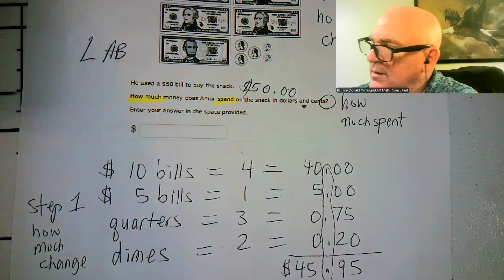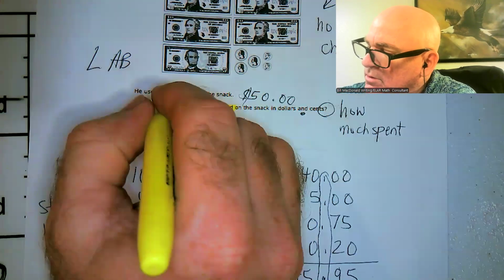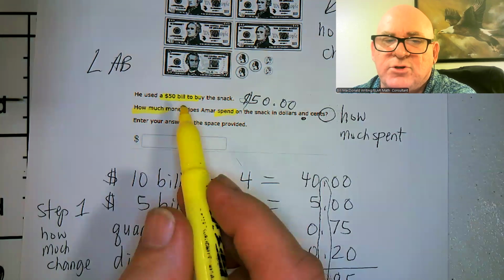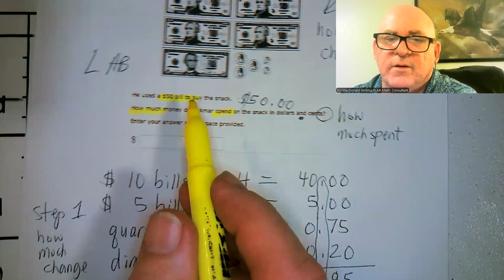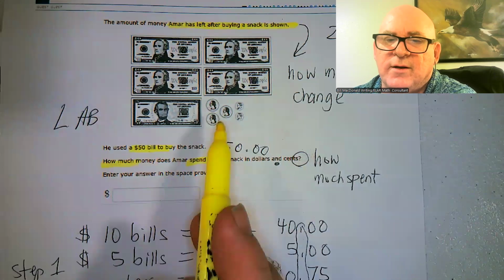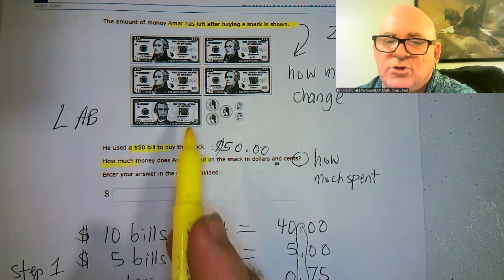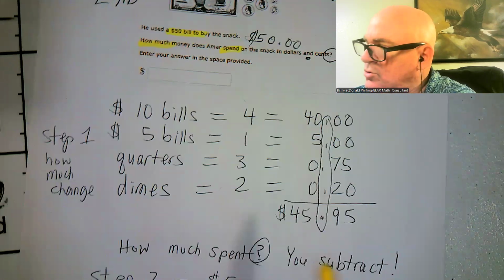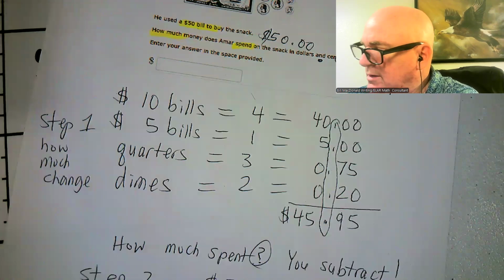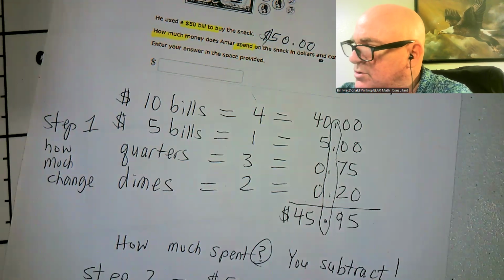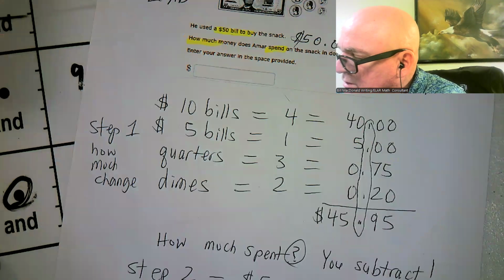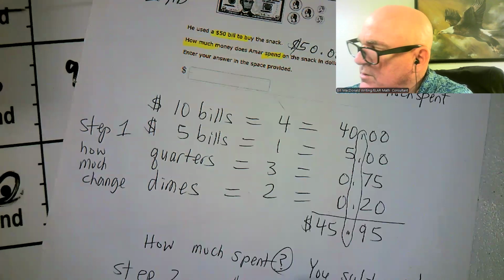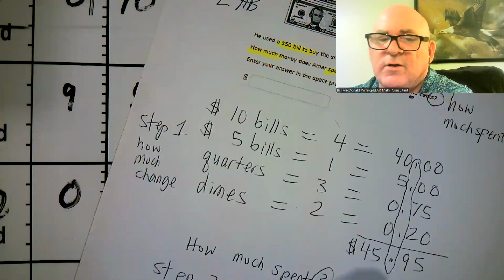So the only thing left, because you can highlight in the online test, is how much you started out with, how much you had left, how much change, and then how much spent you subtract, and you would get that $4.05 that we saw on our mathematics chart.